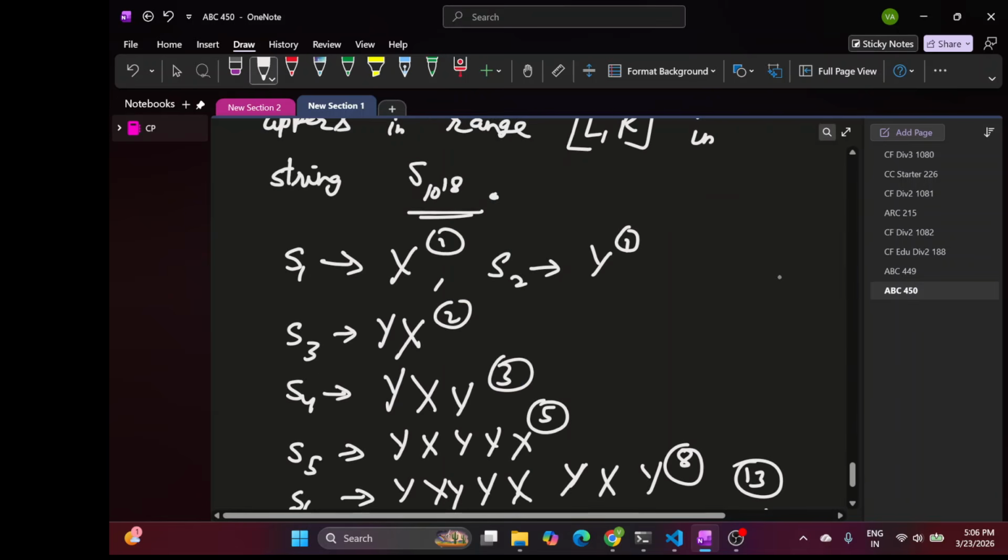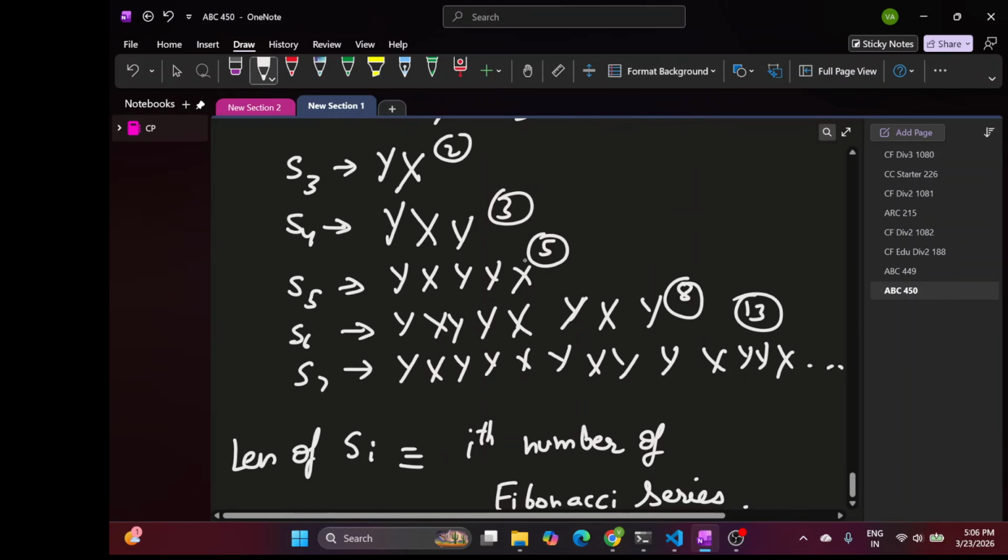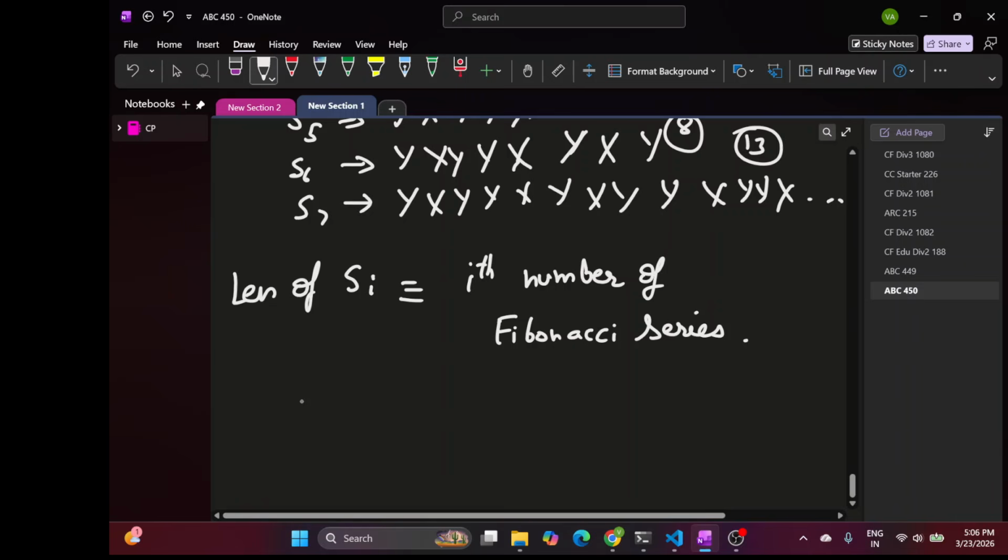Because we can see our length is also increasing in this order only. And the thing is, the Fibonacci series grows exponentially. We have already discussed it, right?